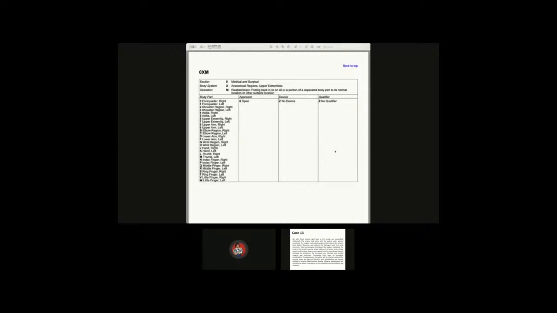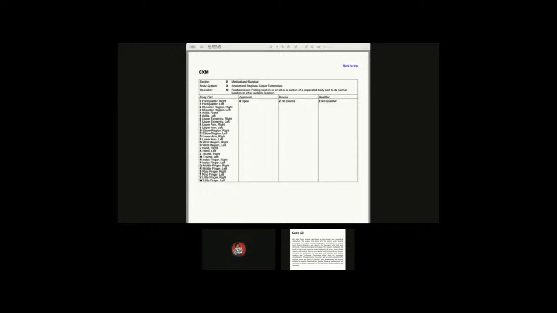No device, no qualifier. So what is the final code? 0XM. It was the right hand, so that's a J. Open, no device, no qualifier.